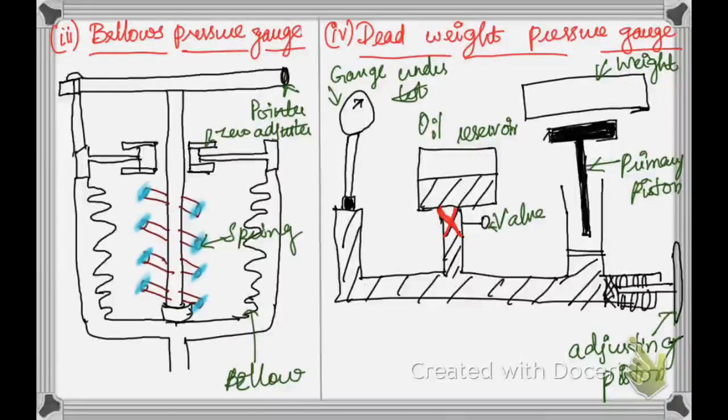So what happens when the force is increasing gradually and it becomes equal to the amount of downward force exerted by the weight, the total system will gain a state of equilibrium, and just at that moment the dead weight will start lifting up. So slowly the weight will get lifted up.